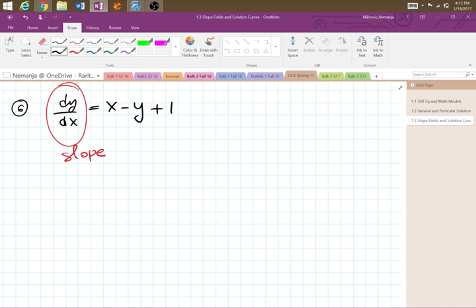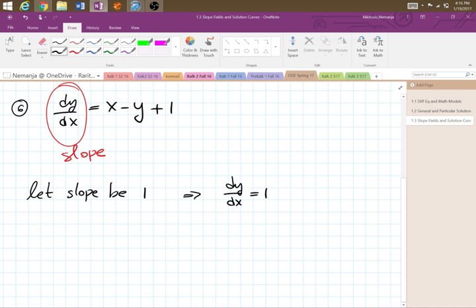So now I am going to say, let slope be 1, which means dy dx is equal to 1. I set the slope equal to 1.